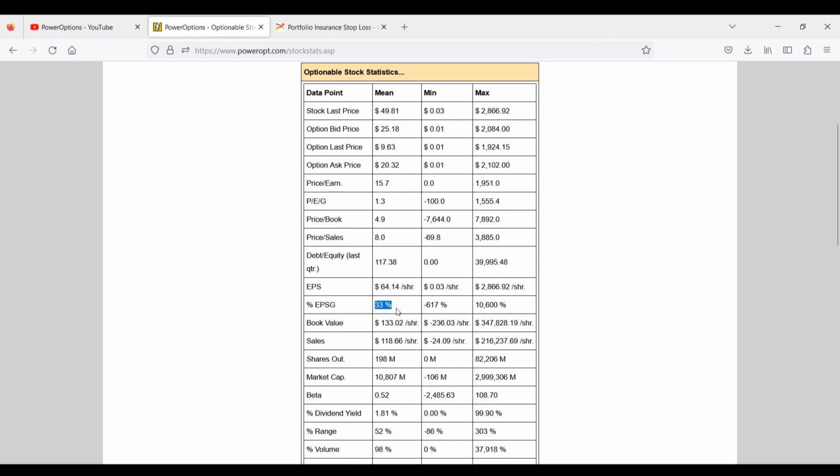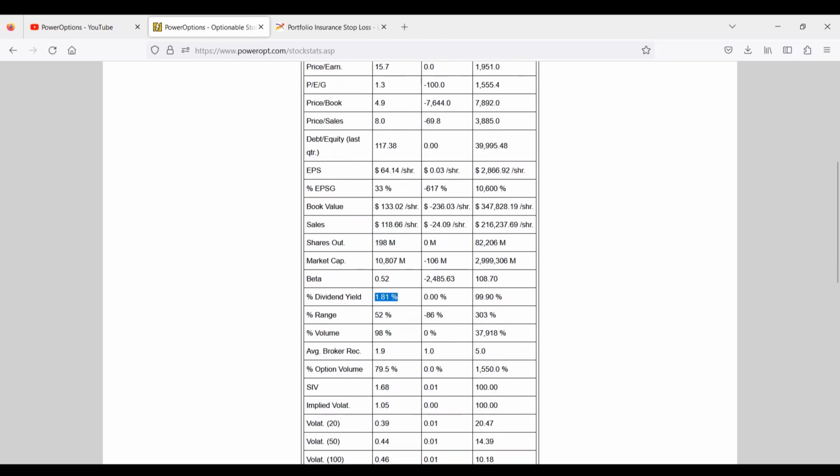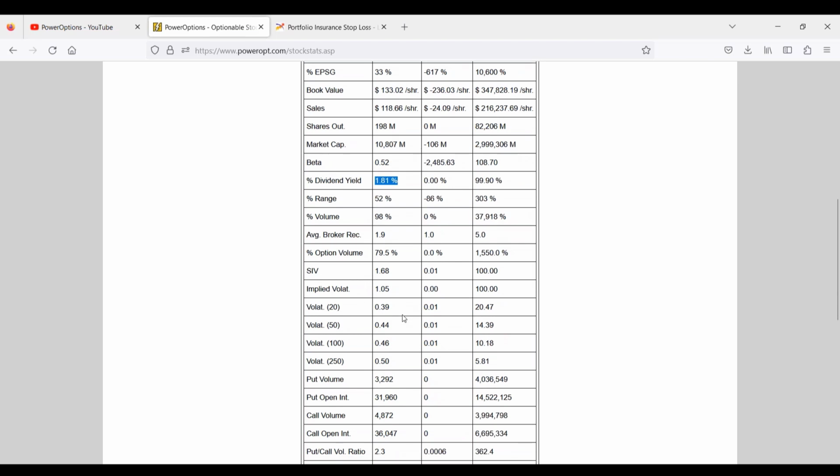What is the average earnings per share growth for all optionable stocks? It's 33%. So if I'm looking to screen for stocks that have good earnings per share growth, what might be considered good? Well, maybe anything above 25%, just below the average for all optionable stocks here at 33%. Average dividend yield, percent range, and so forth.